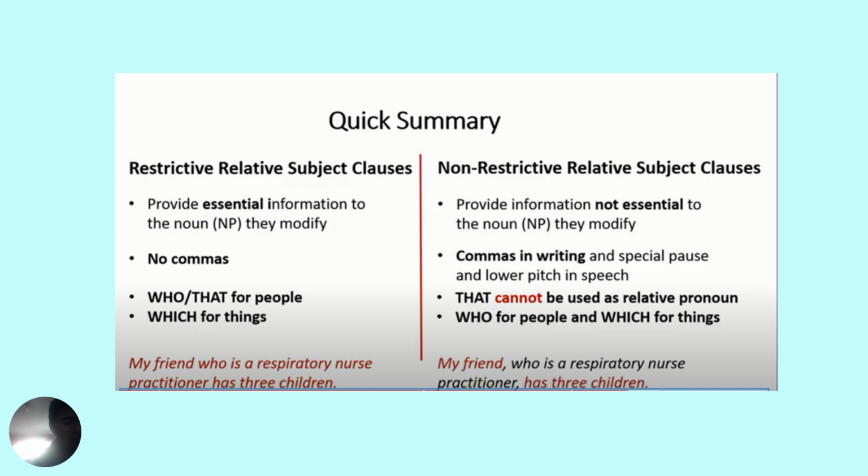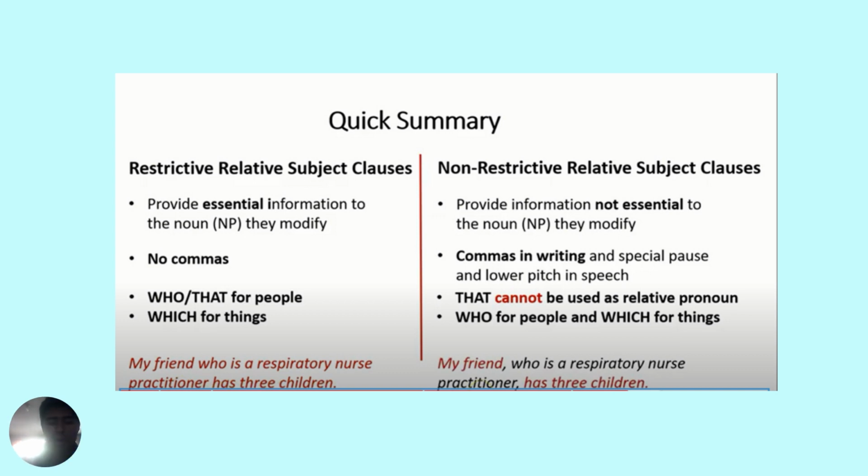My friend who is a respiratory nurse practitioner has three children. I'm restricting the amount of friends that I have: the one who is a respiratory nurse practitioner has three children.